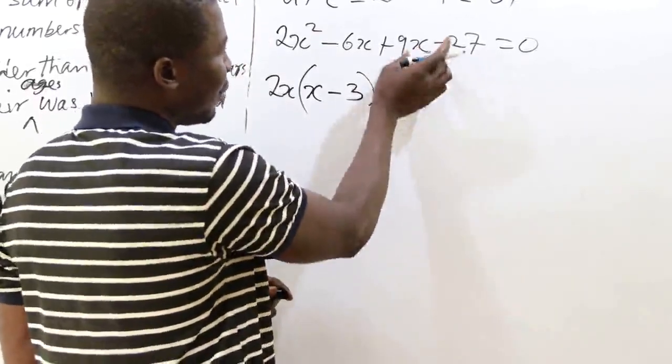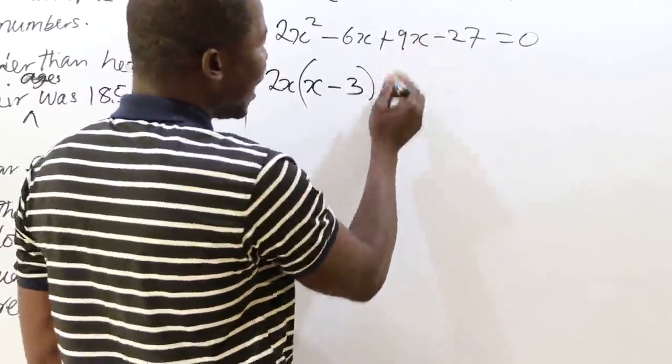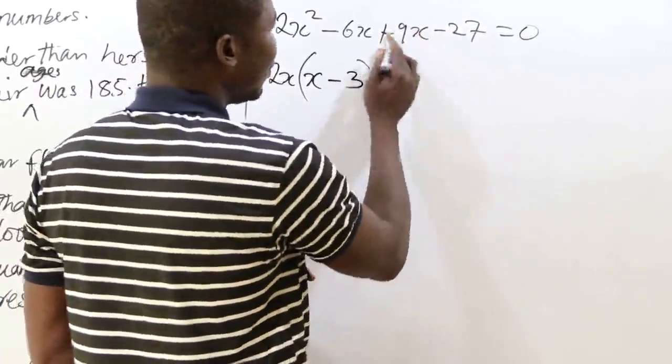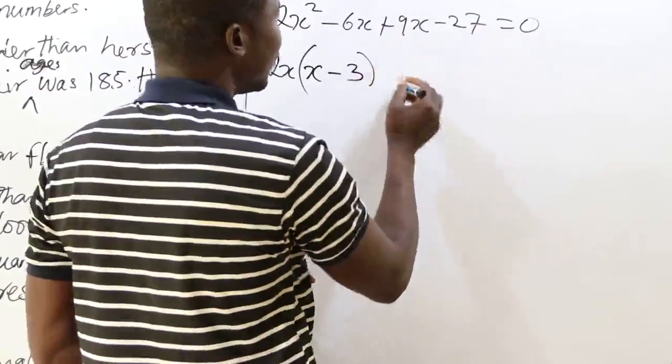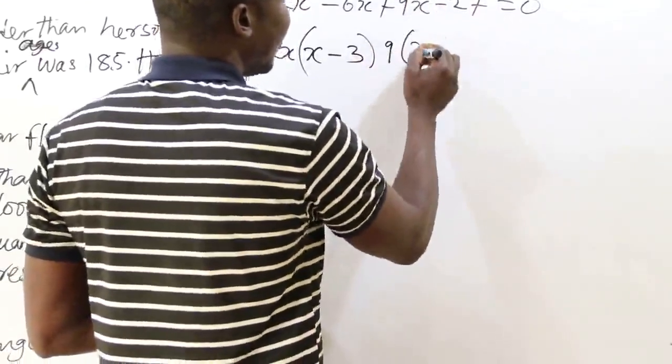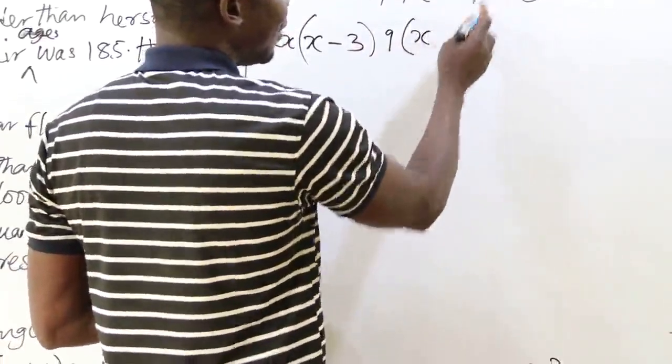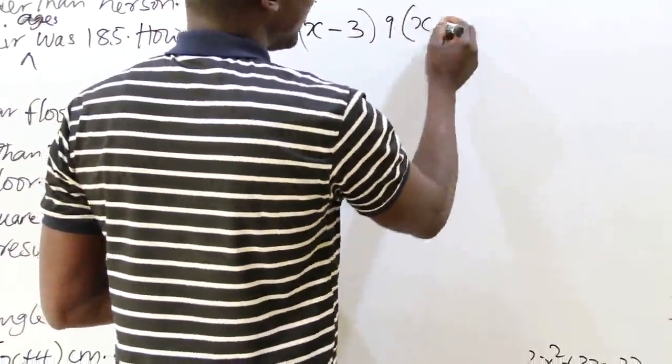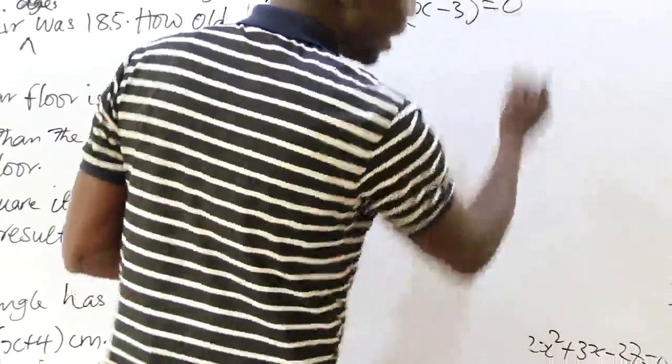Coming to this one, what is common is 9, and the 9 is positive, because the coefficient of 9x here is positive. 9x divided by 9 we have x. Minus 27 divided by 9 we have minus 3, equals 0.